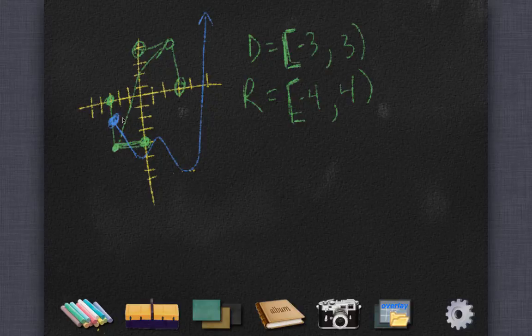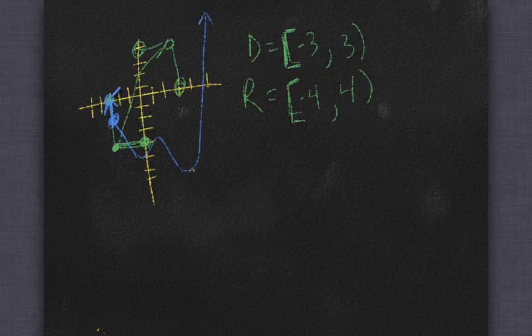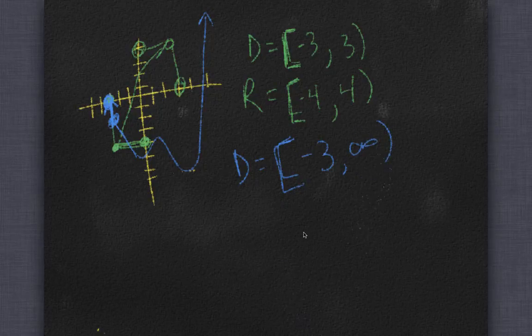Okay, so for the domain, I project this up and have a solid dot there. This goes on forever, so it actually just goes on forever. So the domain is -3, bracket, to infinity, open parentheses.